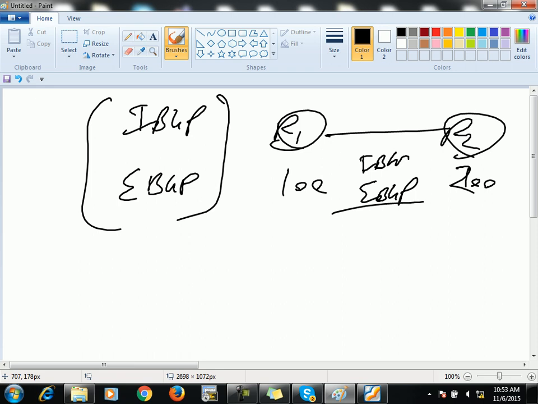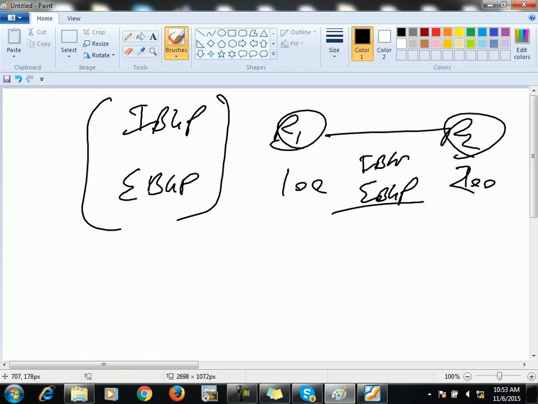Even inter-area prefixes were also called internal prefixes, but in BGP it depends only on the neighbor. If your neighbor is IBGP, then all received prefixes will be known as internal prefixes. If your neighbor is EBGP, then all received prefixes will be known as external prefixes, right?